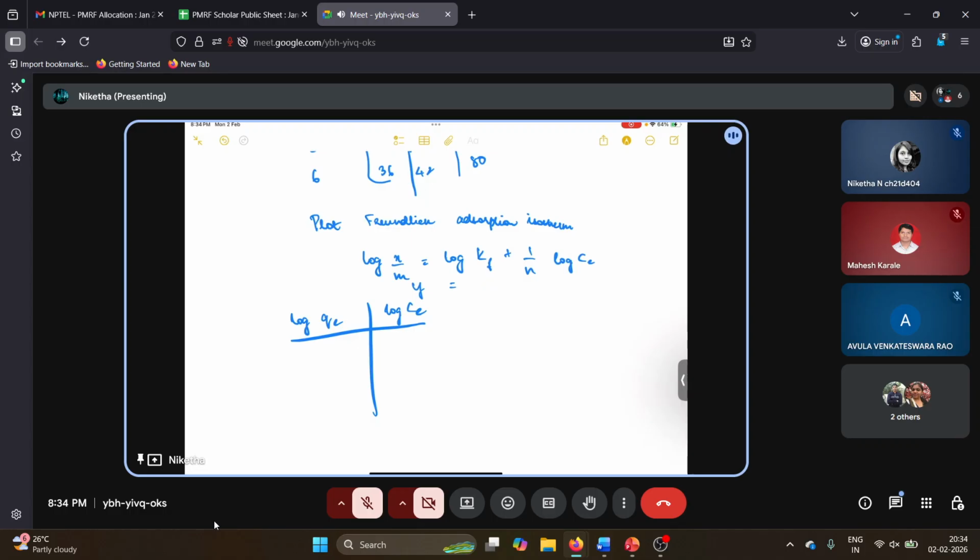Because this is an equation of the form y equals c plus mx, here y is log x by m and x is log Ce. Once you make a plot, you have to find the slope and the intercept. So intercept is log Kf and slope is 1 by n.